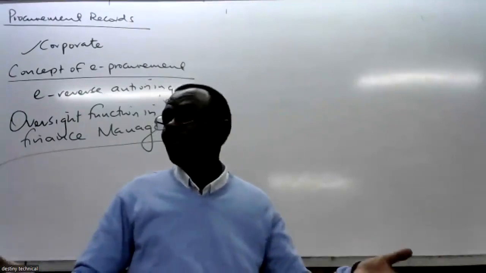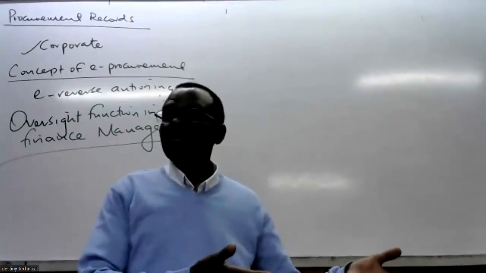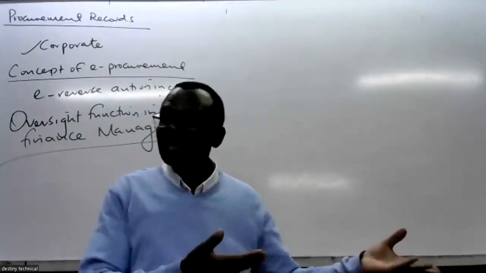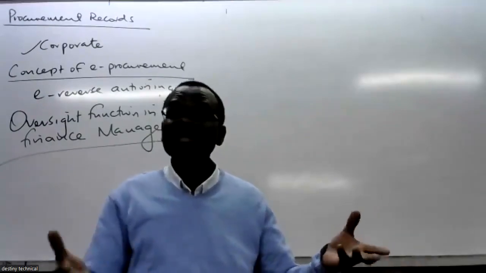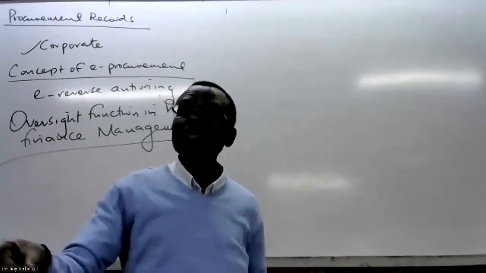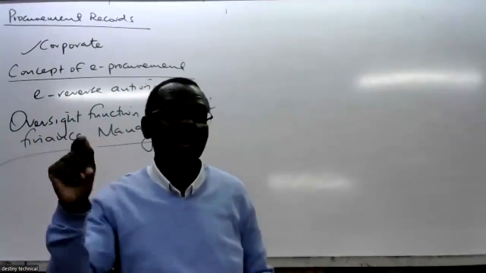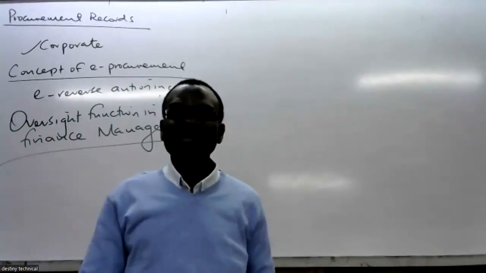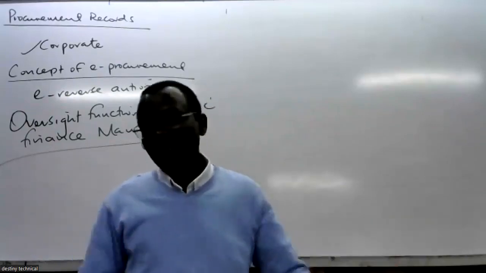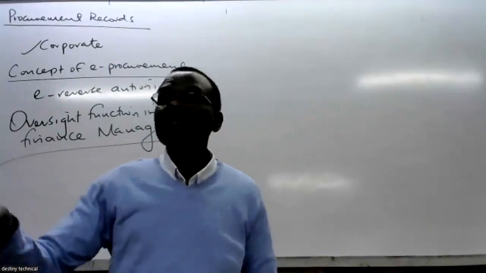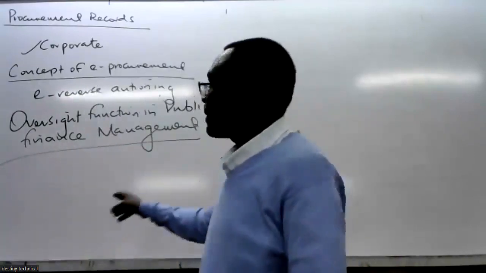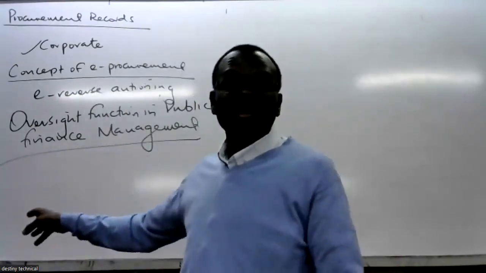I don't know how many of them have installed the integrated financial management information system. But Article 203 requires that first you consider those. Do they have the capacity to handle? So those must be considered by the budget committee.